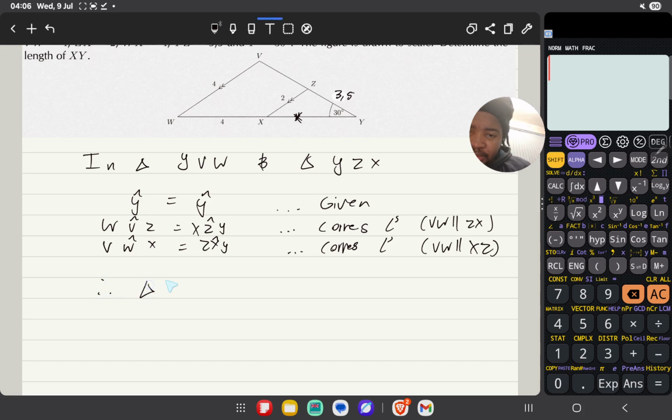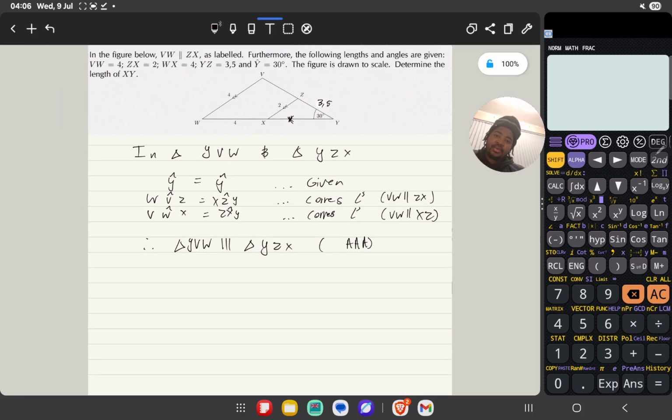Therefore, triangle YVW is going to be similar to triangle YZX, and the reason is AAA.